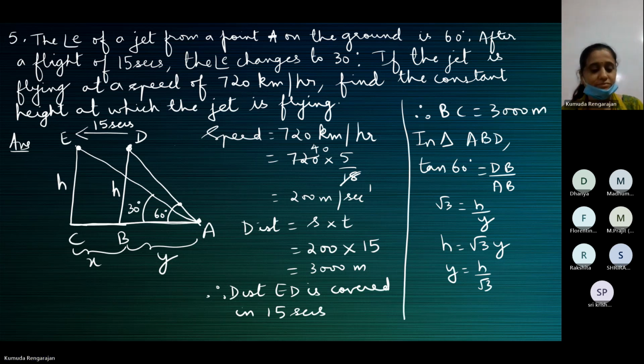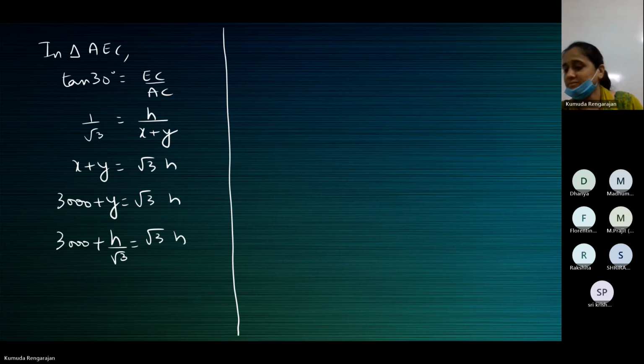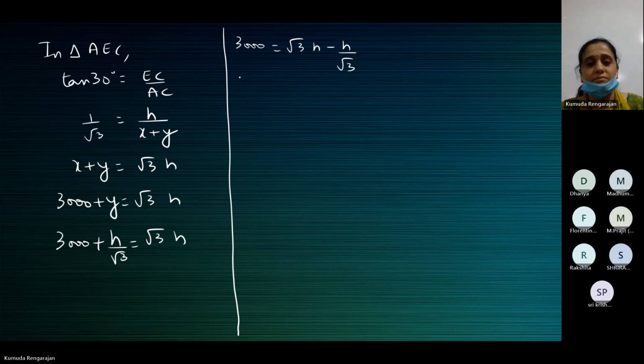Trigonometry. Calculation error. Otherwise, you've done it right. Very good. Solving this one. You can even take out H common, children.